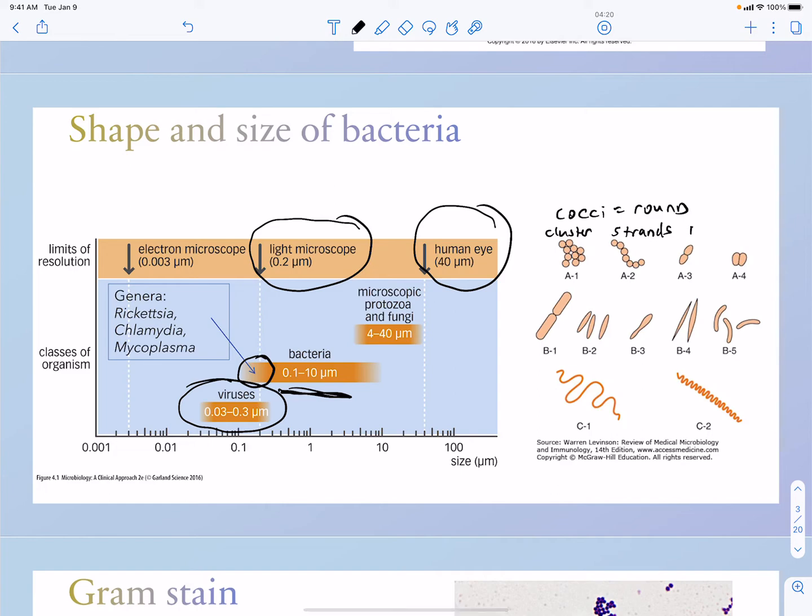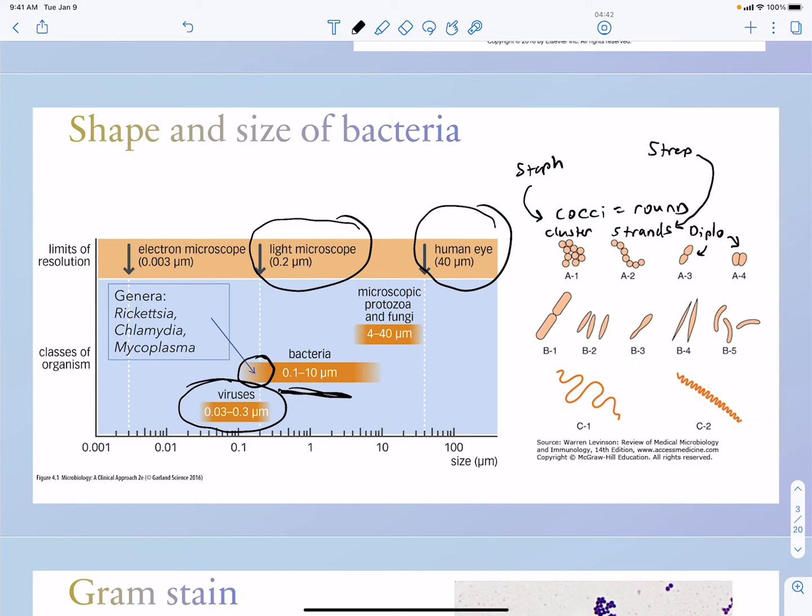We can have diplo, which is just the two, and they can be diplo in various ways. Staph likes to cluster, and it's a cocci, and our strep likes to be in a strand, and it's a cocci as well.